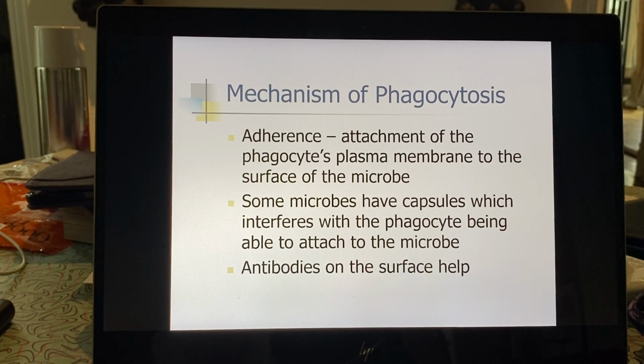And that's why vaccination works really well, because when you're vaccinated for something, you're going to have these circulating antibodies that are going to glom on to the surface of the pathogen. And so hopefully the phagocytic cells are going to eat it before it ever infects you or causes any damage. So keep that in mind too, but we'll get to much more of a discussion of antibodies in chapter 17.